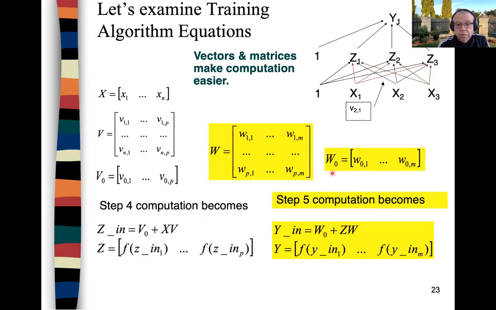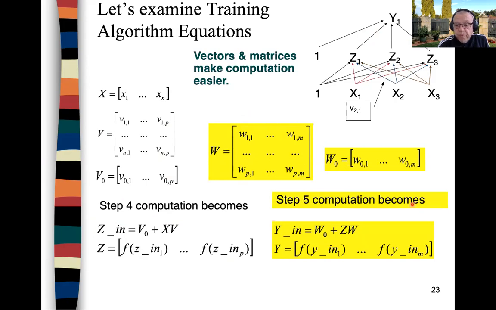For the W, you have the same thing. For these W's, these weights, we have the bias vector. We have the matrix. Again, this is for the first node, the weights for the first node, second node, and M node, okay?